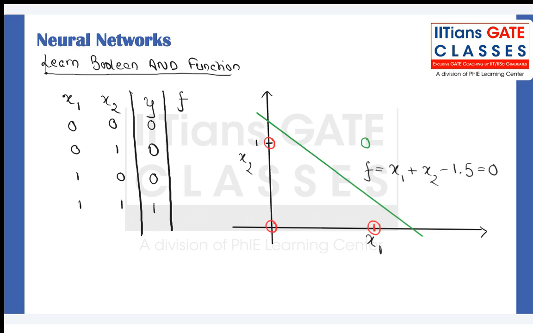What is the value of f when x1 and x2 are both zeros? Just to be sure you guys are not sleeping. What is the value of f when x1 and x2 are both zeros?